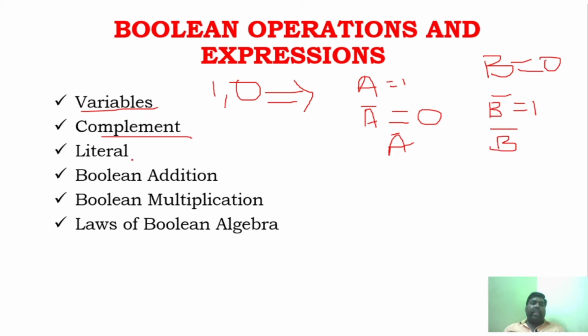Literal is a common term which is used in Boolean algebra. A literal is nothing but it defines both variable and complement. The very basic Boolean algebraic equations are Boolean addition and Boolean multiplication. This Boolean addition and Boolean multiplication is very similar to your logic gates, that is OR gate and AND gate.